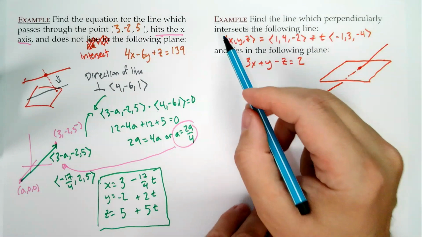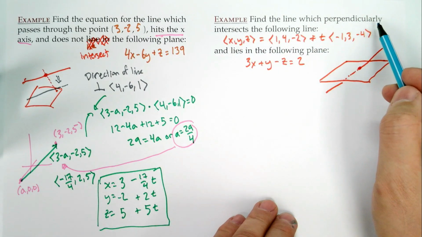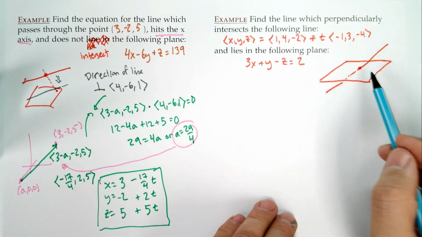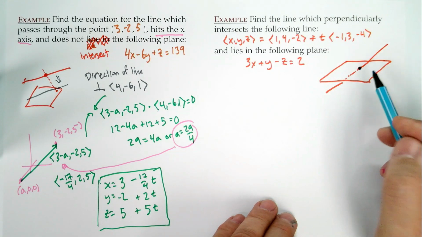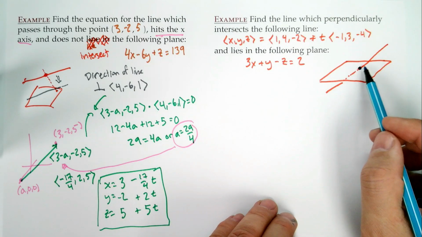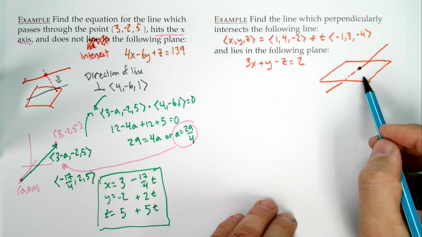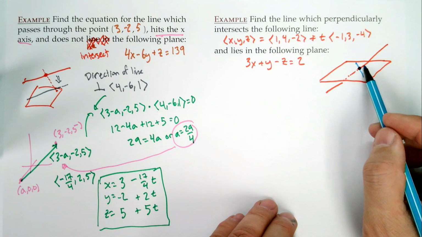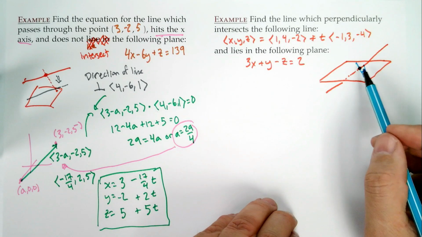It has to, first off, intersect, and it has to intersect perpendicularly, and it has to be in the plane. So it's got to hit that point, because the line has to be in the plane, and it has to hit that point. And then the angle of the line, well, it's such that we form a right angle with the line that came through, but also that we're in the plane.